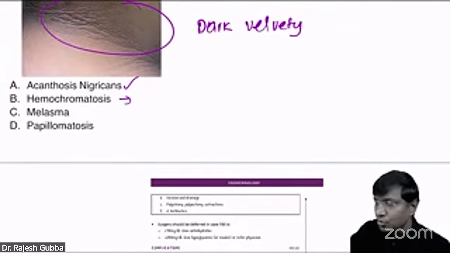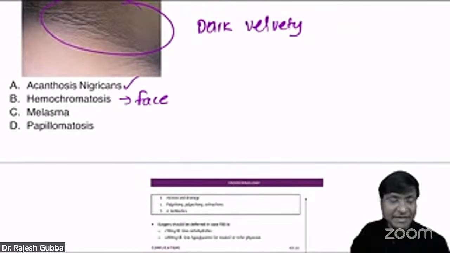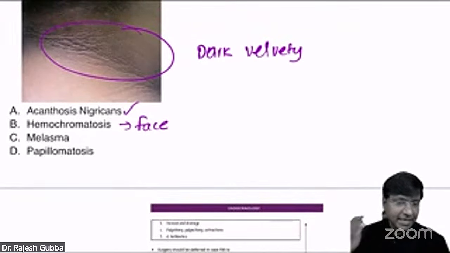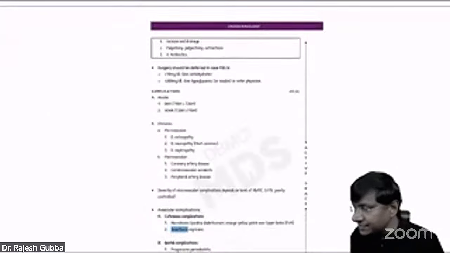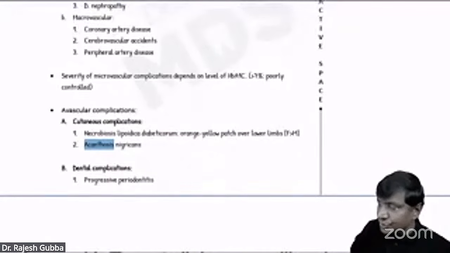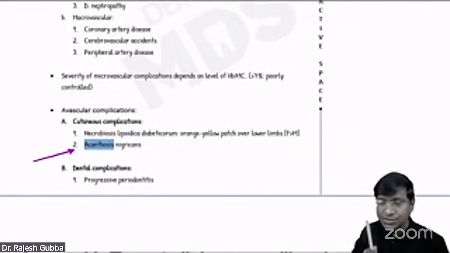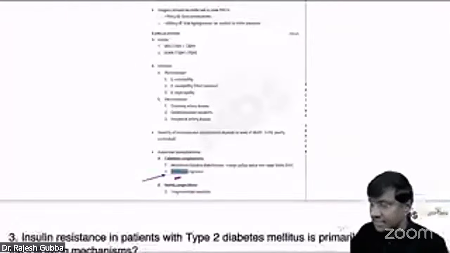In hemochromatosis, you don't have this pigmentation over the nape of the neck, right? The pigmentation will be over the face. So the answer is acanthosis nigricans. You can see it directly in our notes, the cutaneous complications in case of diabetes mellitus will be acanthosis nigricans, right? It is there in our notes.